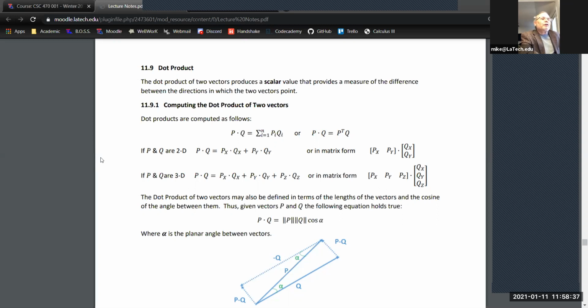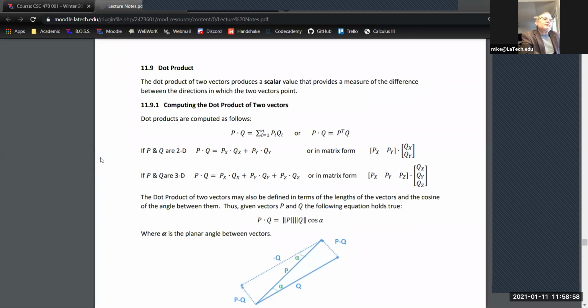But this number that you get from the dot product of two vectors is a measure, an indication of the difference between the directions in which the two vectors point. It gives you an indication of the angle between those two vectors.